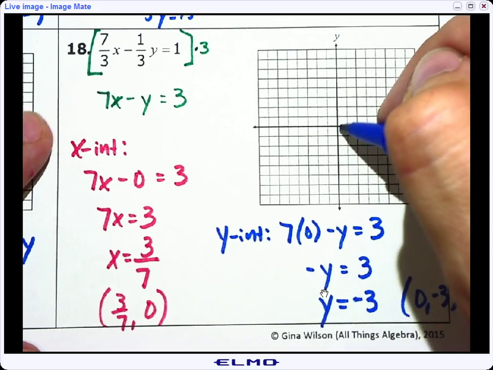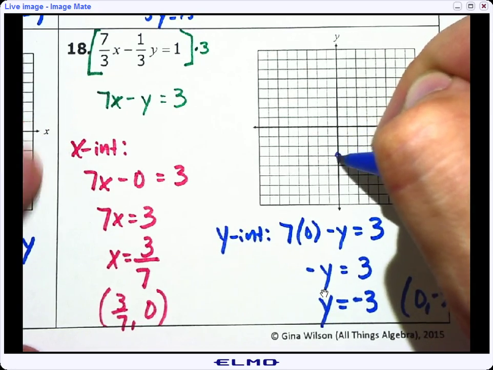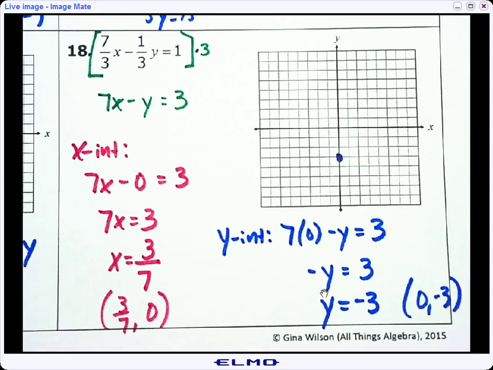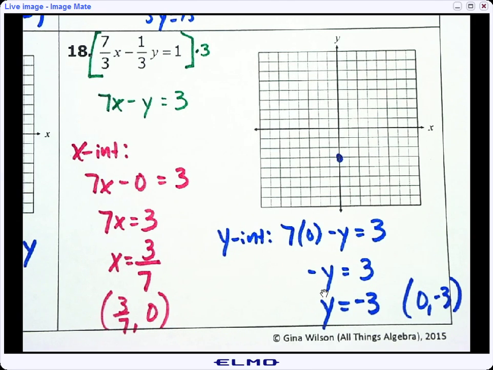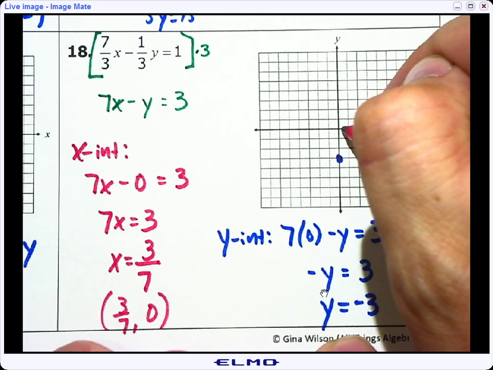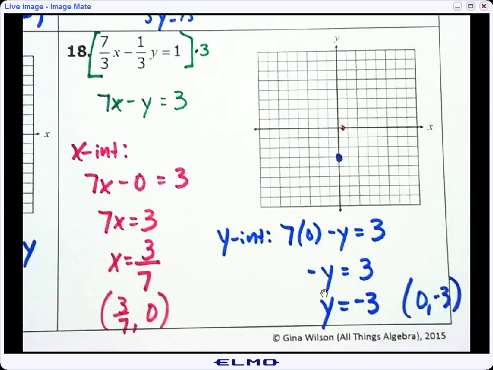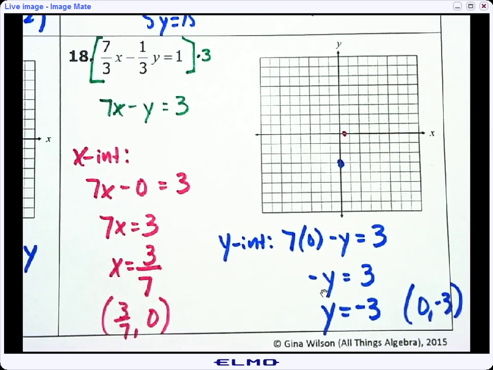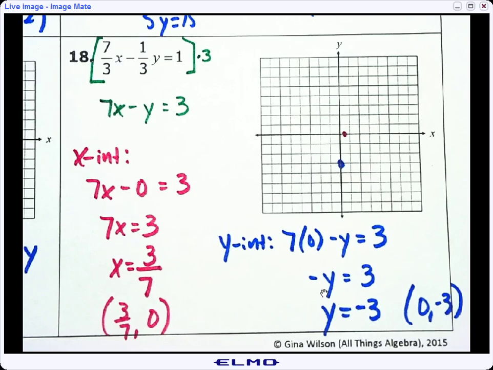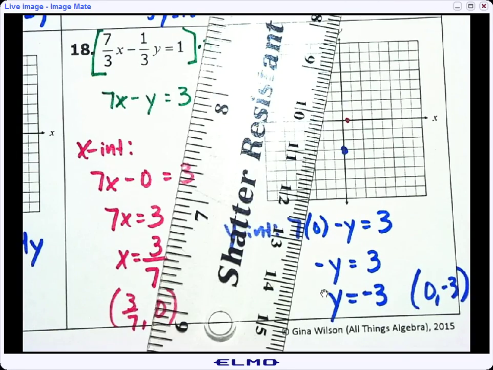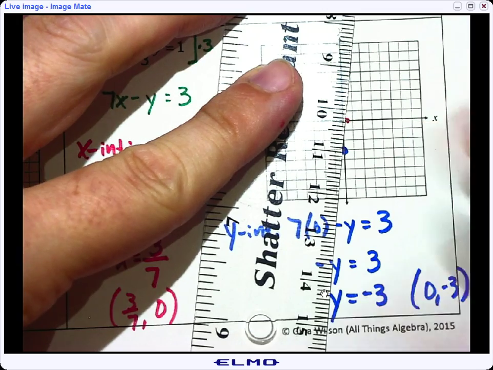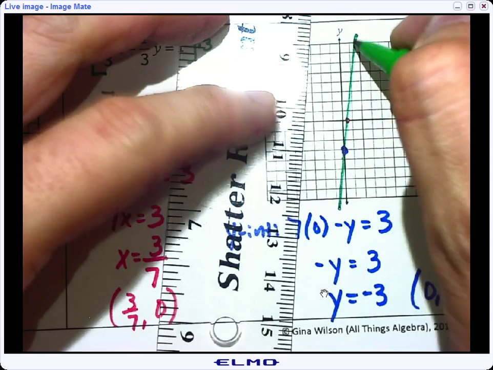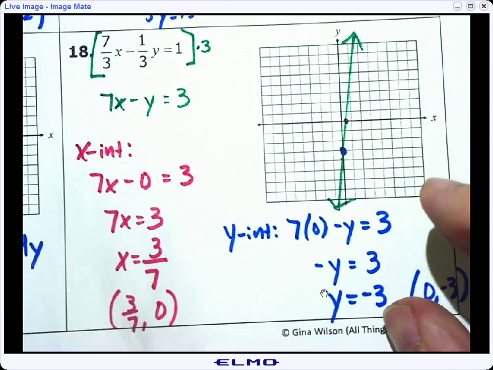So on the graph, (0, -3) is here. 3 over 7, that's going to fall between 0 and 1, which is going to be in between here. Connect the 2 points, and you have your line. Voila.